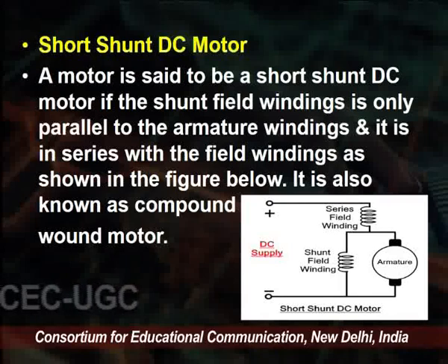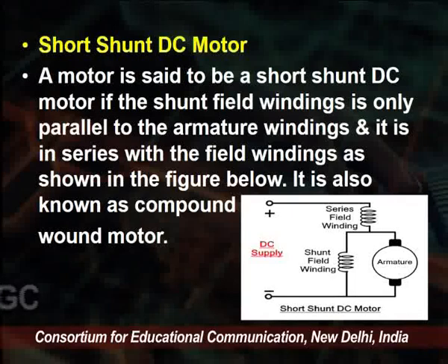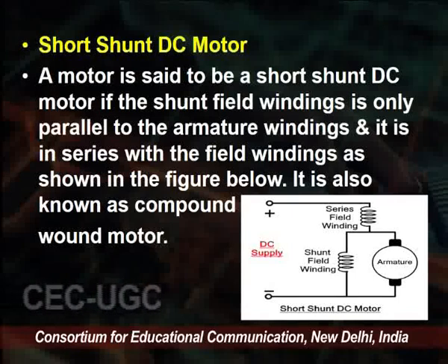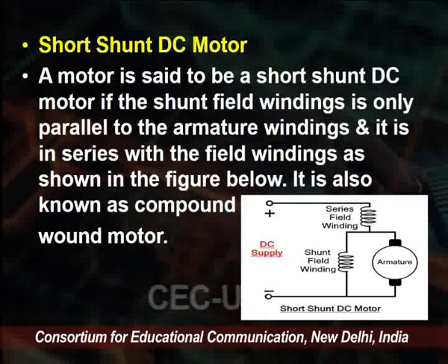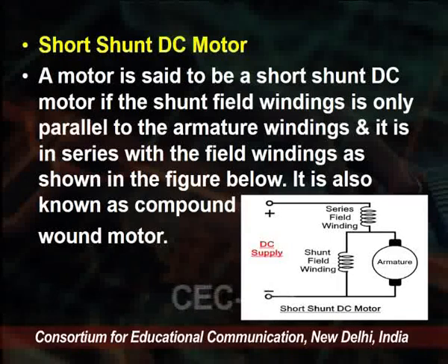It is also known as the compound wound motor. That is the short shunt DC motor. You see here, the shunt field winding is only parallel to the armature winding, and it is in series with the field winding. From the DC supply it is connected in series to the field, but with the armature it is connected in parallel.